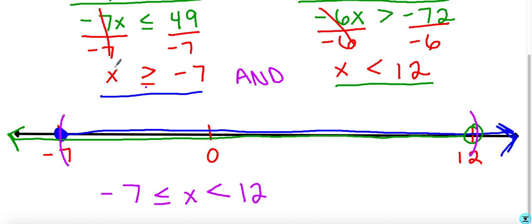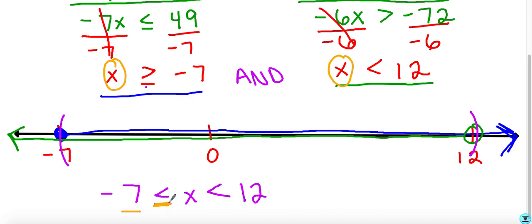Because if you substitute any number into these two inequalities, with a number between negative 7 and 12, or negative 7, because this is equal to, that would make it true. For example, the number 10 is in between these two numbers, and 10 is greater than or equal to negative 7, and it's also less than 12.